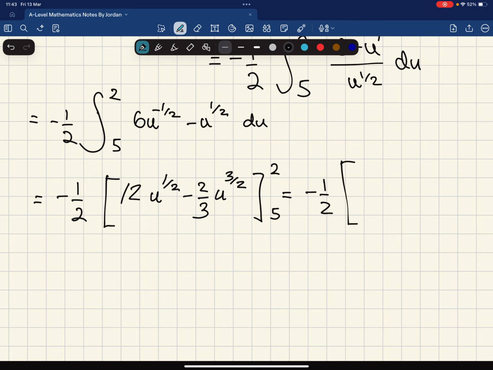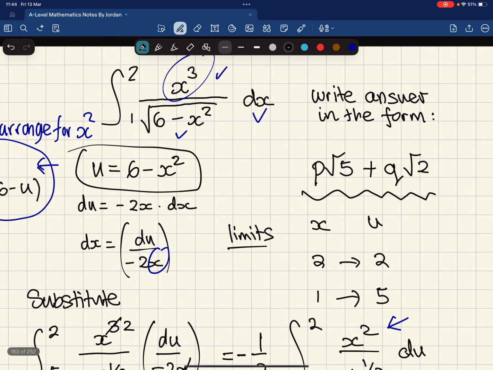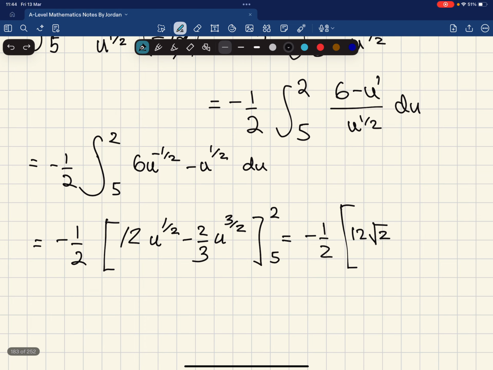So now I can start substituting in the numbers, starting with the 2, so I get 12, and then effectively I can write that as √2. I'm going to stick with this now because notice they're using roots here. Okay, and then let's put the other one in.